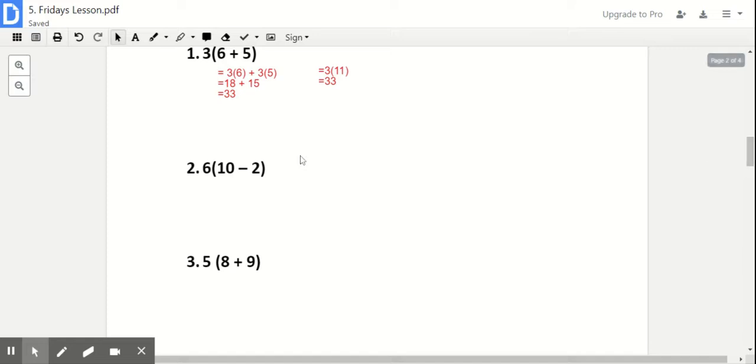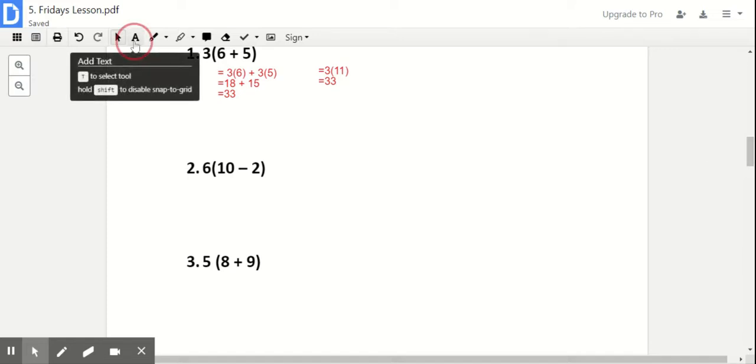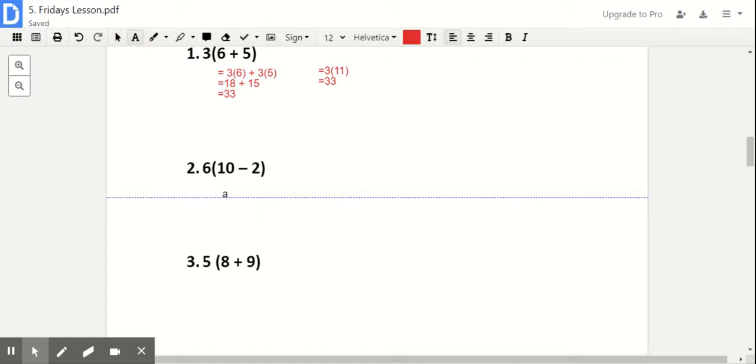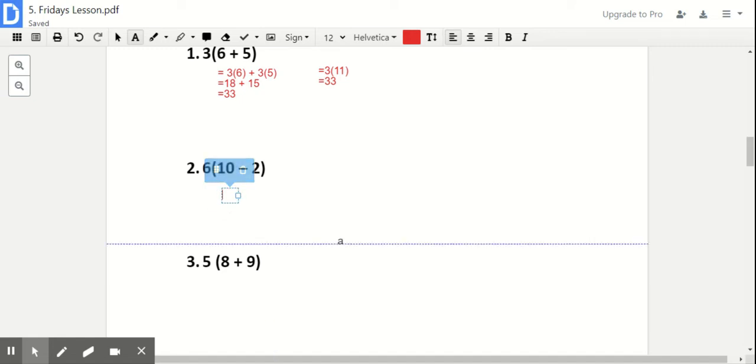All right, let's get to number two. What is the first thing I'm doing for distributive property? Correct. I am doing 6 times 10. And then because my operation in the middle says subtraction, we need to do subtraction here.